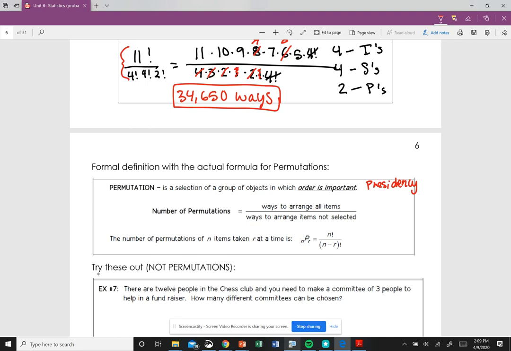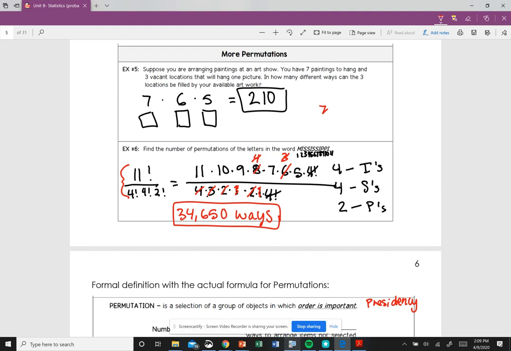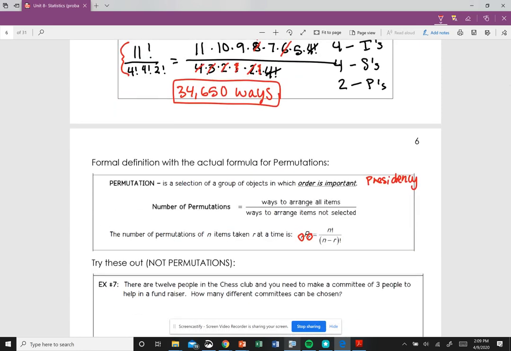So nPr, n means the number of objects you have to choose from. r is the number of objects you chose. So like in that number painting up here, this would have been 7P3. We had 7 objects to choose from, and we only wanted 3, and order mattered. Okay, so that's why we had 7 factorial over 7 minus 3 factorial.